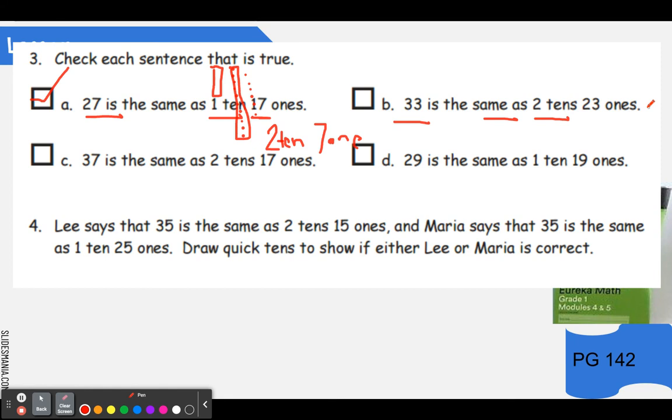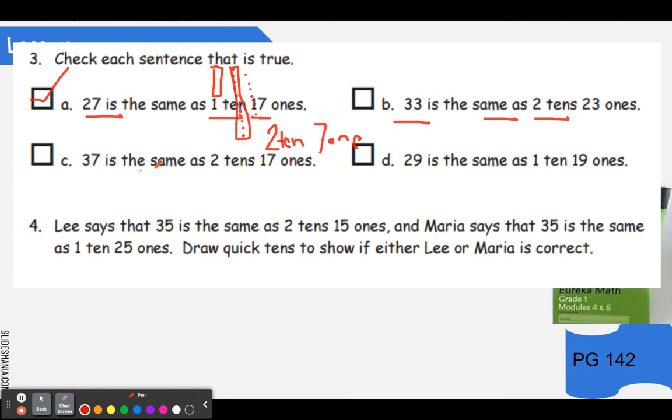You can draw a picture to help you figure this problem out. All right. So make sure you check it off if it's the same number.